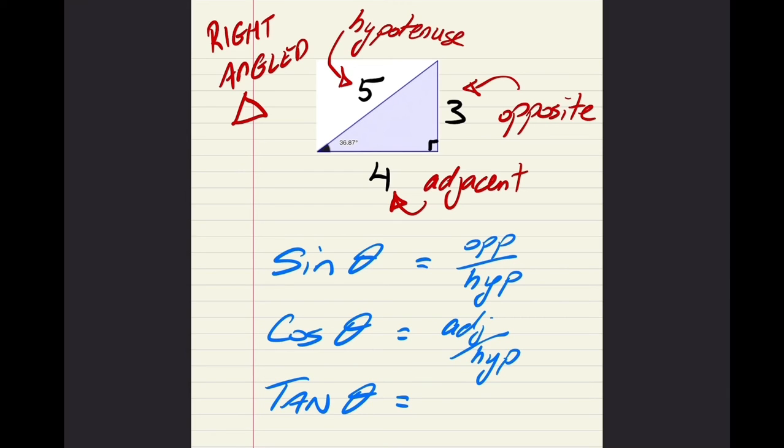And the last one, tan, is the opposite over the adjacent. So if I'm talking about this angle here, this corner, sine is going to be opposite over hypotenuse, which is 3 over 5. Cos would be adjacent over hypotenuse, and tan is opposite over adjacent.